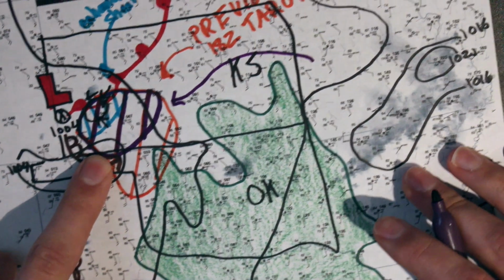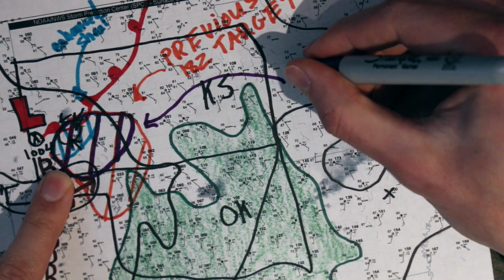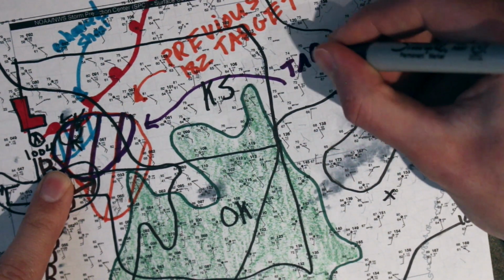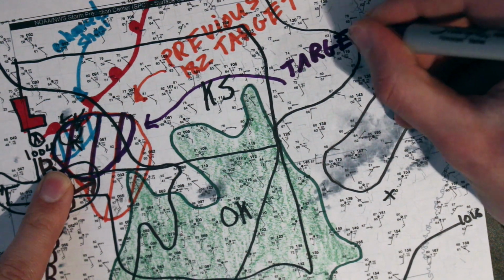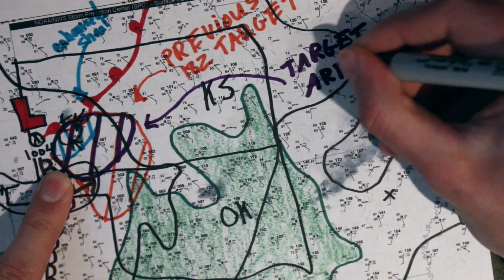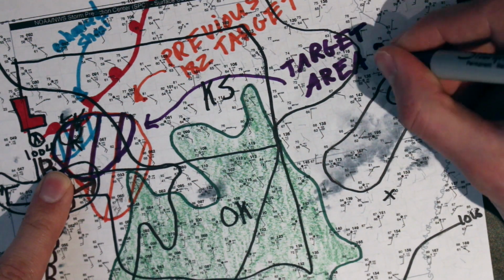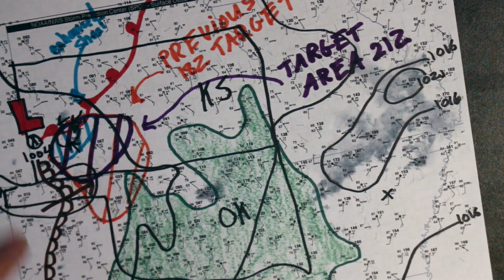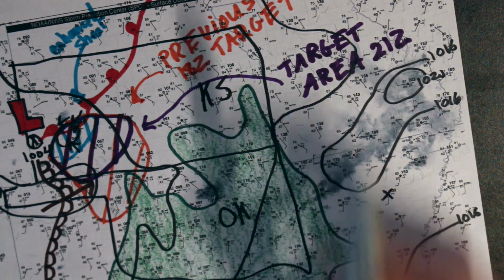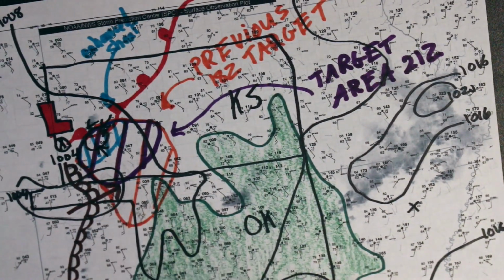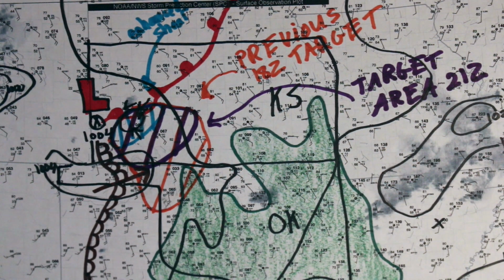I told you maps are going to get messy. This is my target area at 4 p.m. Now, this is still a very large area, correct?